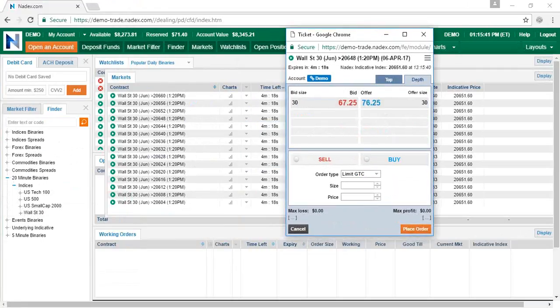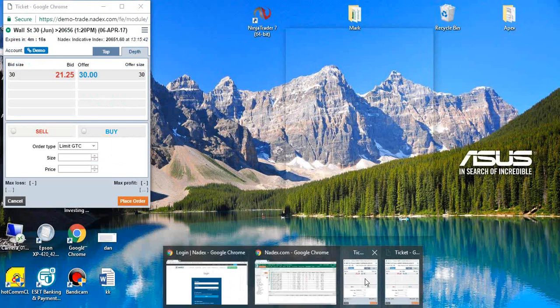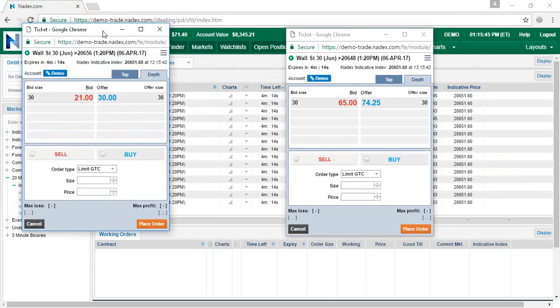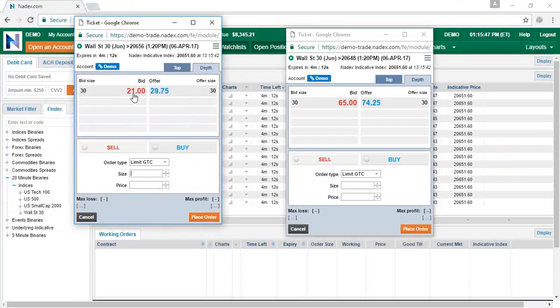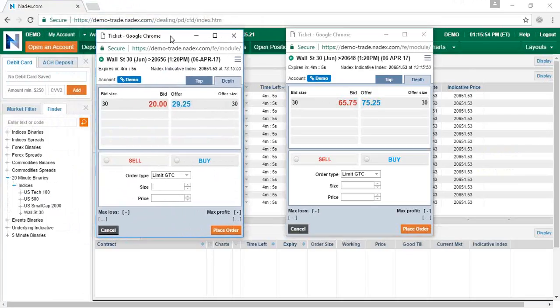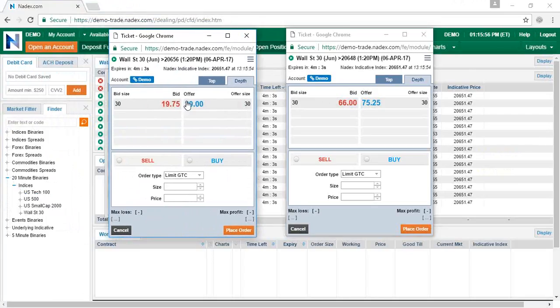I just want to take a minute. We might have a bit of a lull here, but I want us to watch these two. This one right here is at 21 and 29. This one's at 65 and 74. As we get closer to expiration, I want to spend a few minutes talking about time to expiration, and I want you to keep a quick eye on this. Over here we're at 72 and 73.